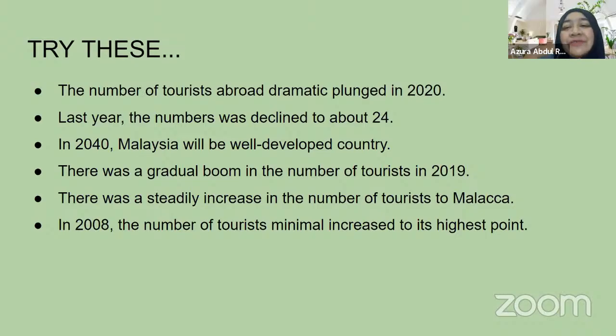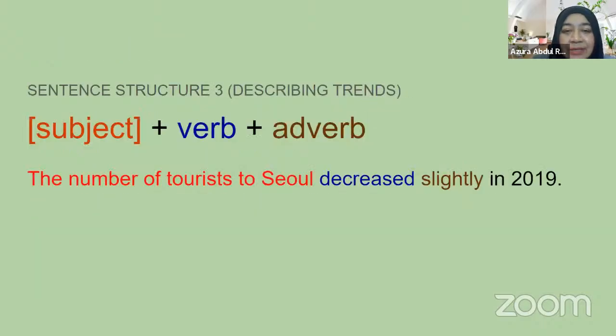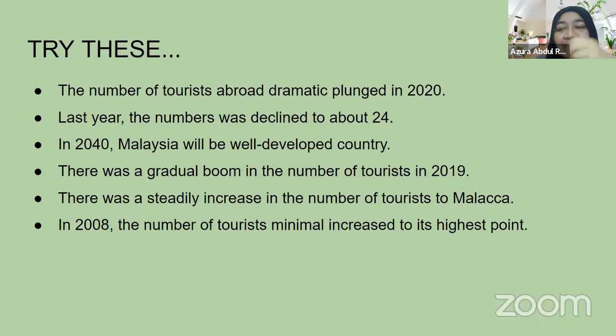Can someone tell me how to fix this first one here? The number of tourists abroad dramatic plunge in 2020. Dramatic. Okay, yes, grammar, definitely. How would you fix it? Dramatically.